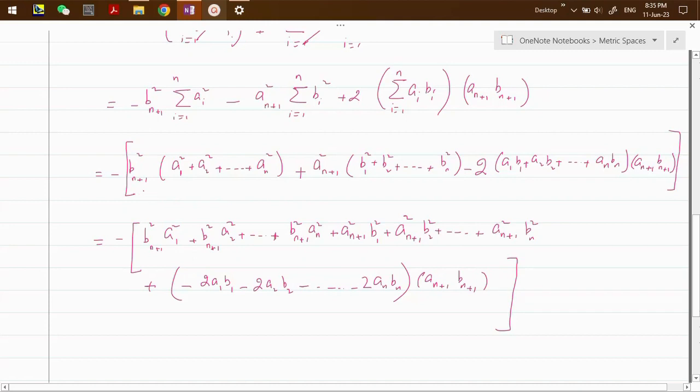We just multiply this b(n+1) square with this bracket, and then we multiply a(n+1) square with this bracket, and then we multiply minus 2 with this bracket, so we get the result here as you can see.